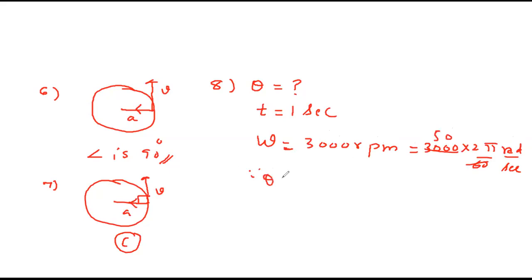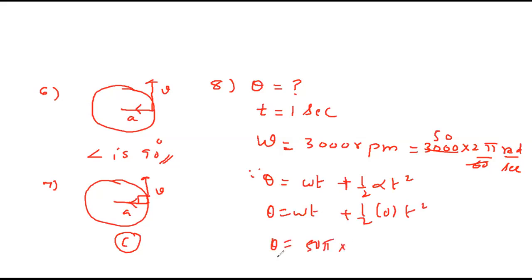What is the theta formula? Omega t plus half alpha t square by the kinematical equation. But because it is UCM, alpha is 0, so half into 0 into t square vanishes. Only omega t. So 50 pi into 2, that is 100 pi radian.